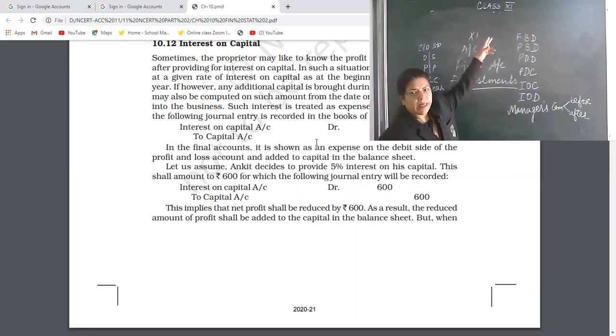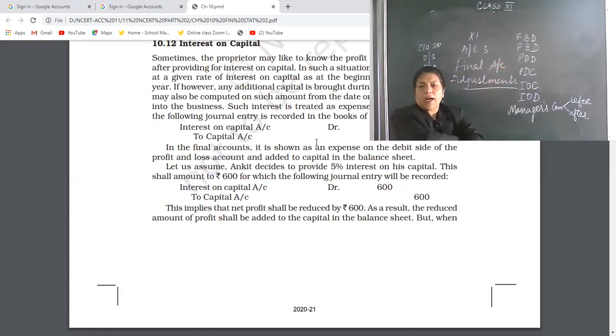Then further bad debts means amount irrecoverable from the debtors. Provision for bad debts means the amount kept aside for bad debts in future, that is provision for bad and doubtful debts, provision for discount on debtors, then provision for discount on creditors.